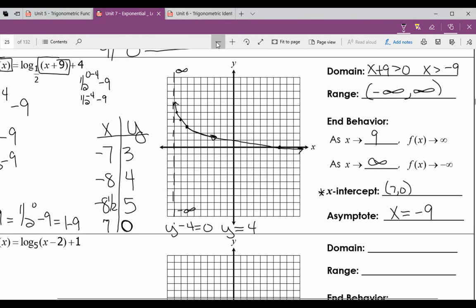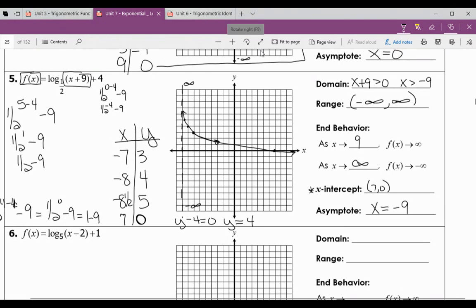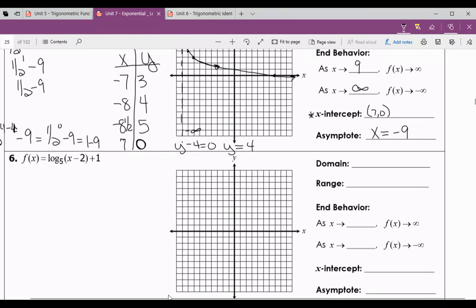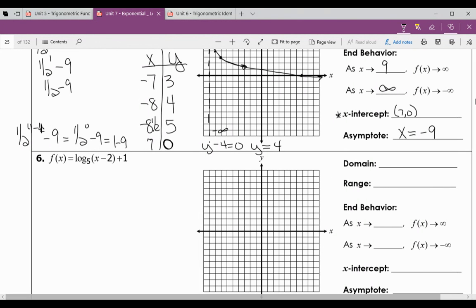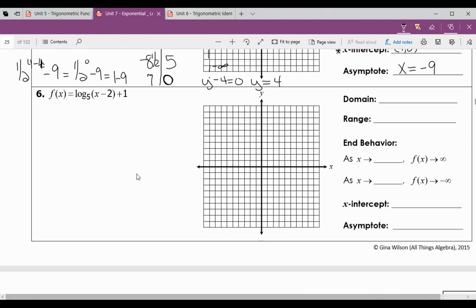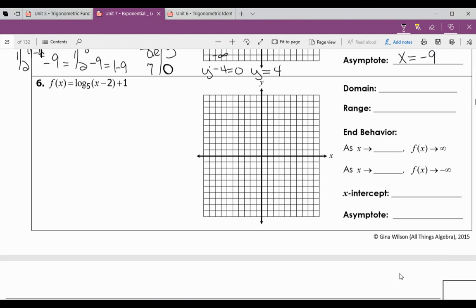Okay. To me, the hardest part is getting the equation rewritten in its proper format. So number 6 is going to be rewritten just like number 5. First thing I'm going to do is calculate my domain.